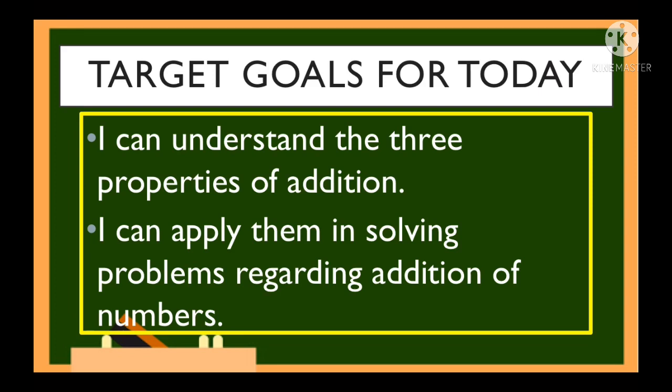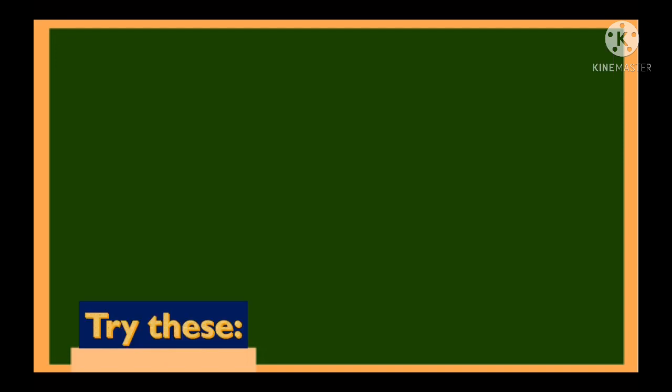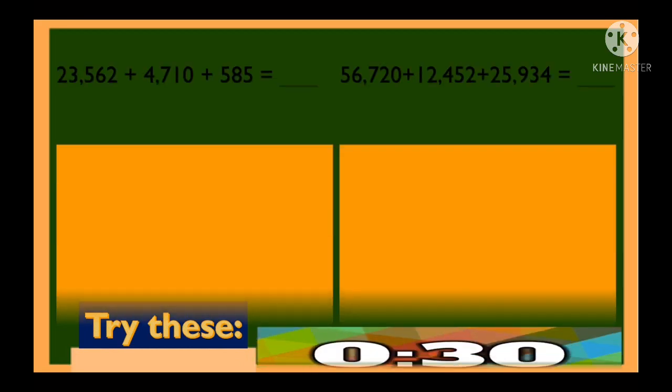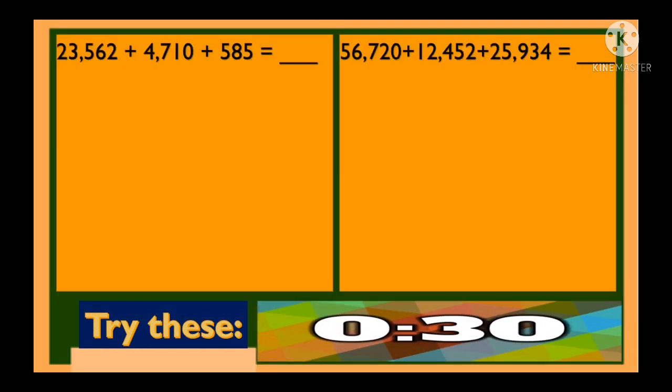Of course, every discussion we have a review part. So let's review first what was our lesson last time. Last time we did two methods on how to add three numbers, right? So the first activity here is we need to use the first method, which is the adding separately method.